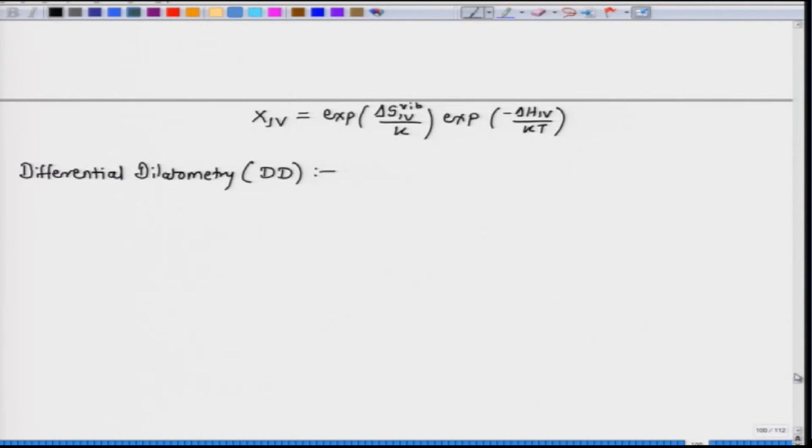So, let us say a piece of metal is heated from a lower temperature T0 to a higher temperature T, and it undergoes a change in volume equal to delta V. Let us denote the volumes at T0 and T by V0 and V. The lattice parameters at T0 and T are denoted by a0 and a.